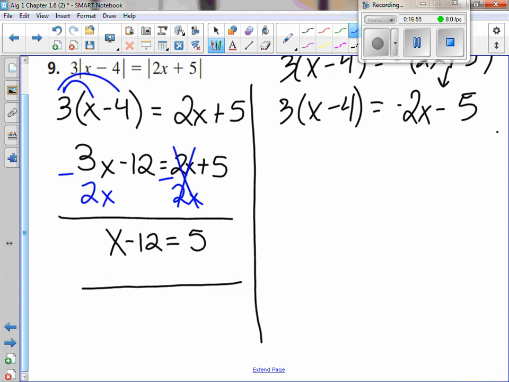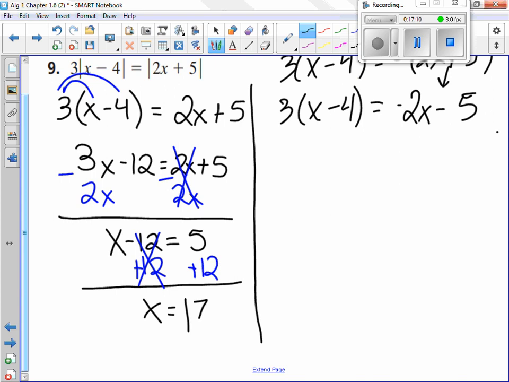We would add 12. Is negative 12 plus 12? That's it. Get a little more comfortable with this?